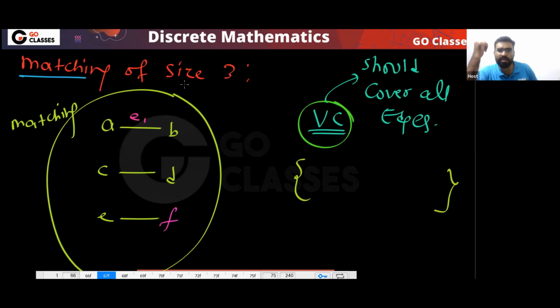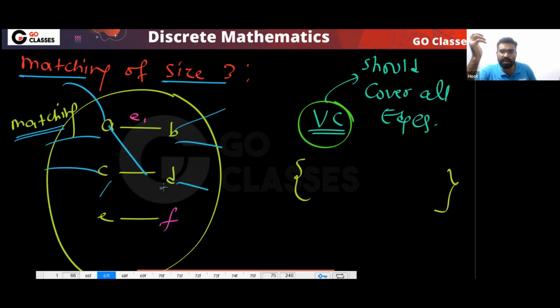So let us assume you have a matching of size 3. This is your matching. Remember, your graph can have other vertices and other edges. Your graph can have anything.